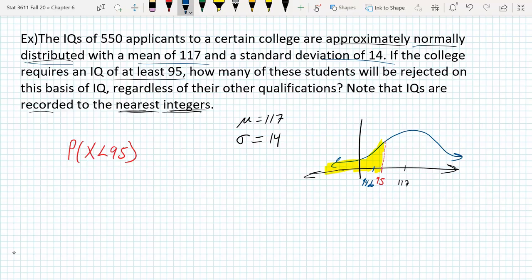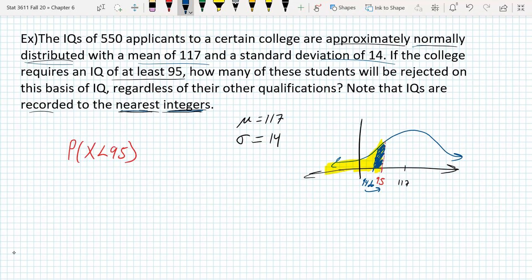A 94.6 would actually move to a 95 if it's recorded to the nearest integer. So we don't want to reject the 94.6. We should not be including this area in our rejection area.